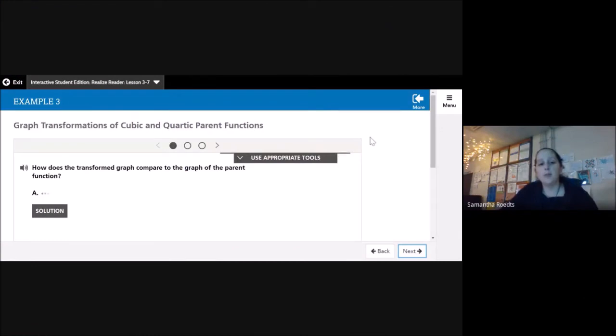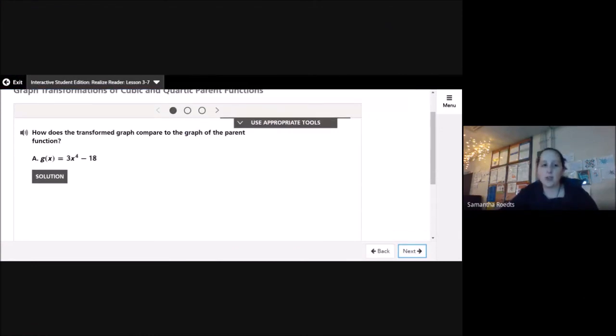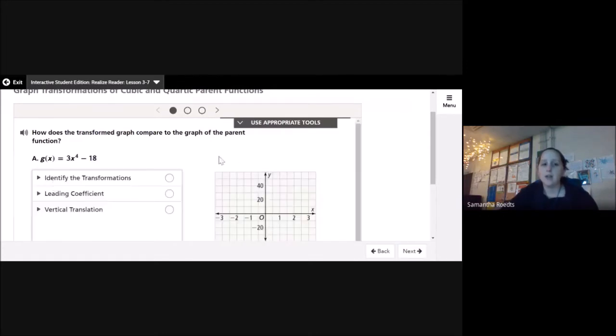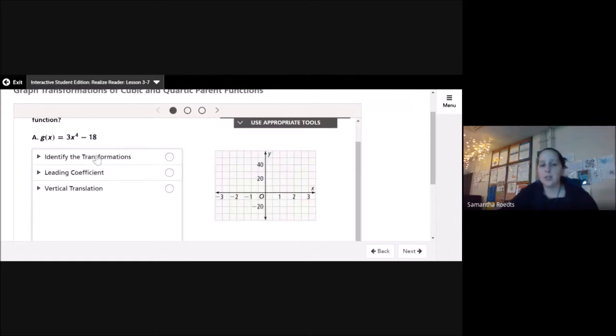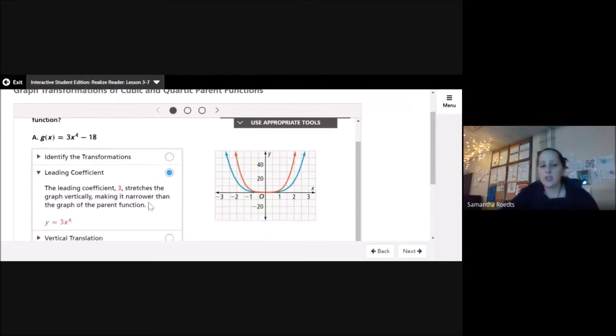All right, example 3. How does the transformed graph compare to the graph of the parent function? I have g of x equals 3x to the 4th minus 18. Okay, so identify the transformations. The parent function is y equals x to the 4th. So the leading coefficient stretches the graph vertically, making it narrower than the graph of the parent function.